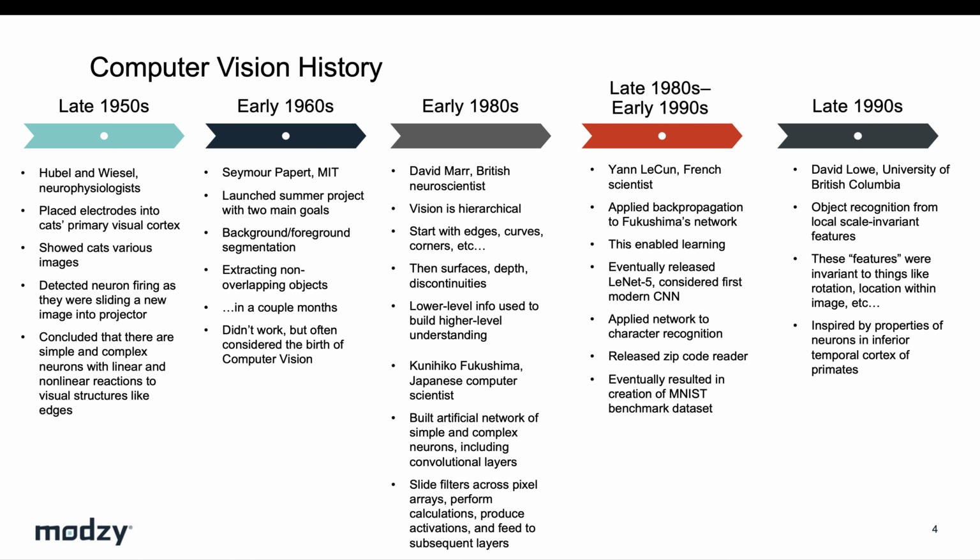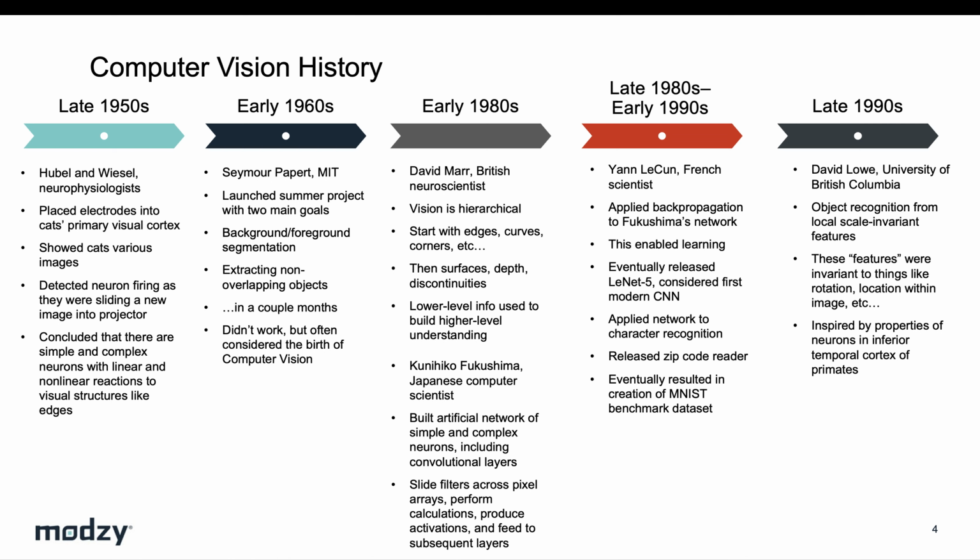So we slide these filters across those images, we perform calculations, and they produce activations, which kind of represent neurons firing. And we feed the output of a particular layer in this network to the next layer. And if you're familiar at all with neural networks or convolutional neural networks even, you'll see that we're kind of building towards that concept incrementally.